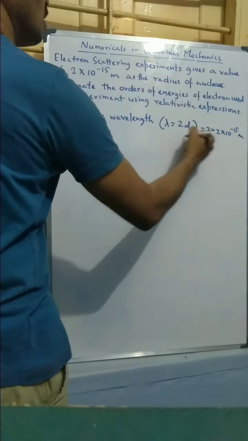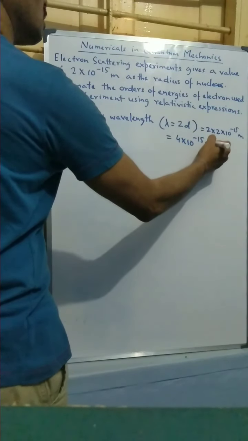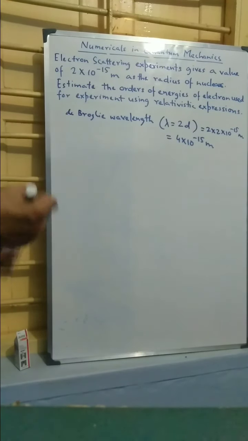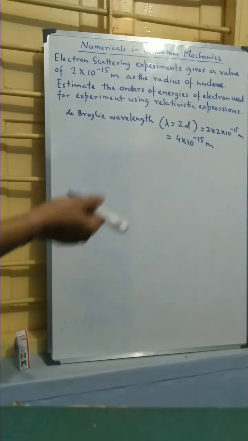This must be the wavelength associated with the electron wave which is moving towards the nucleus, to be scattered by the nucleus and give us an estimate of the nuclear radius.